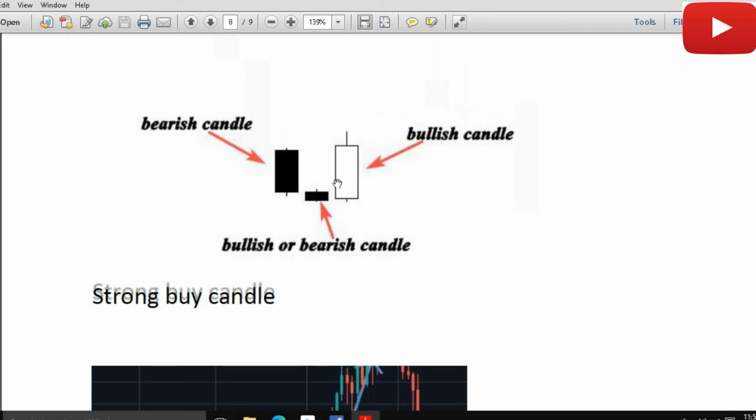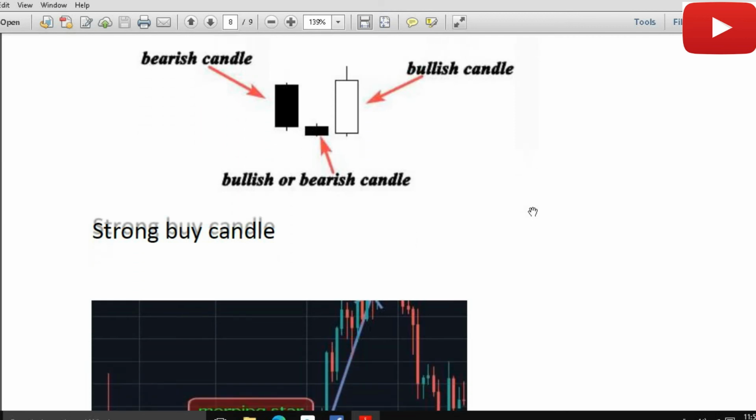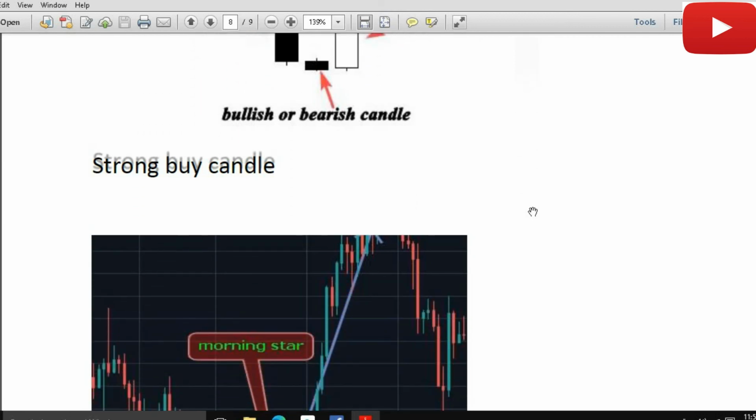This means that sellers were too strong, they lost their power, and buyers gained power. That's the psychology behind it. There were huge sellers, they lost their strength, and buyers took over the market. You do know that forex is a battle between buyers and sellers, and where they believe the market will go.